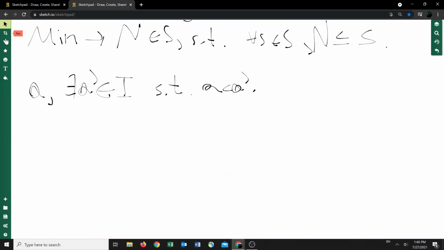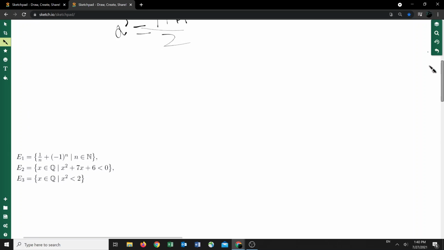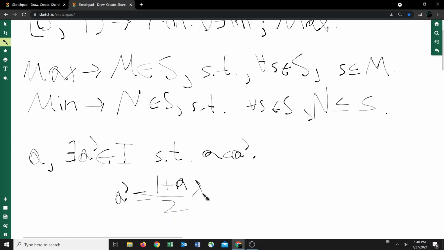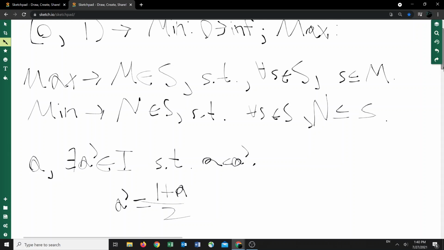This is actually not too bad, because we can just take A prime to be equal to (1 plus A) over 2. I'll leave it to you to show that not only is this greater than A, but it's also less than 1. In other words, it's in our interval I, and it's greater than A, so there is no maximum.